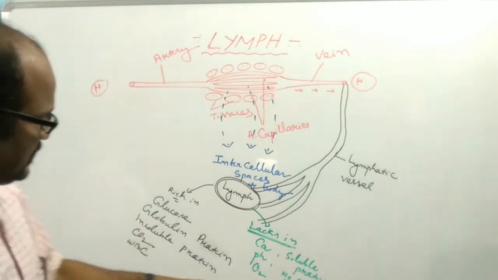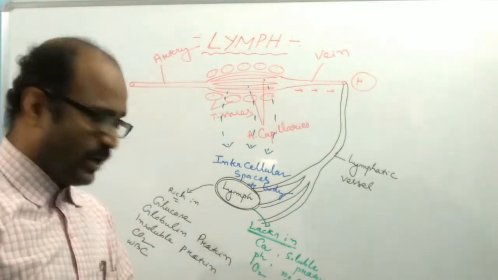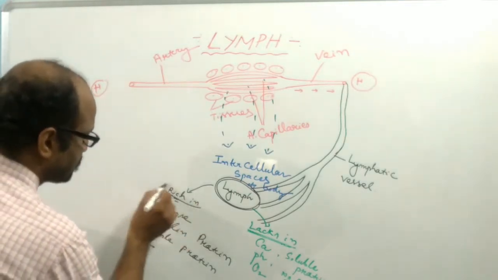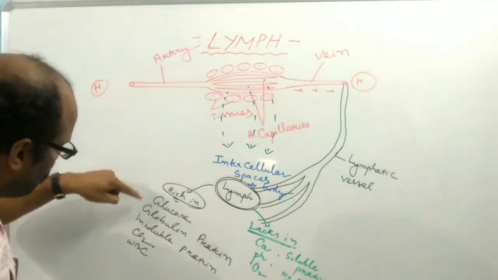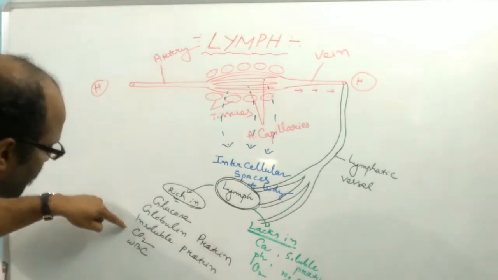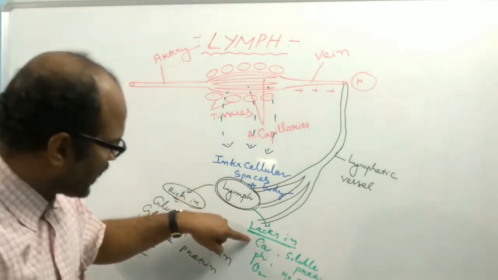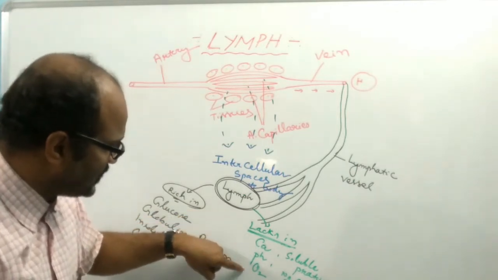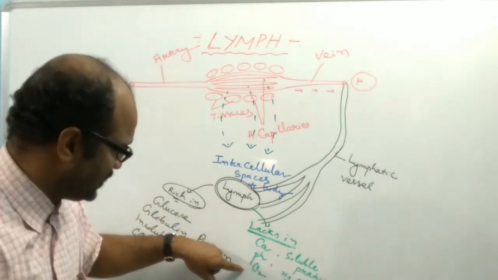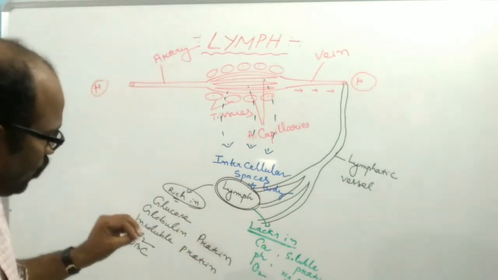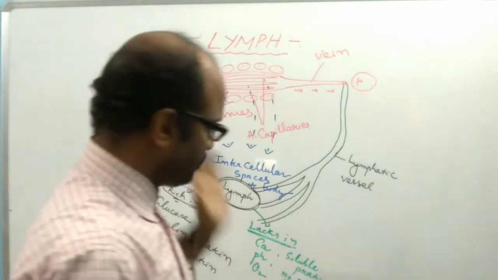There is no RBC, that's why it is colorless. So lymph is rich in glucose, globulin protein, insoluble protein, carbon dioxide and WBC, but lacks calcium, phosphorus, oxygen, very little oxygen is present actually, and the soluble proteins, and has no RBC.